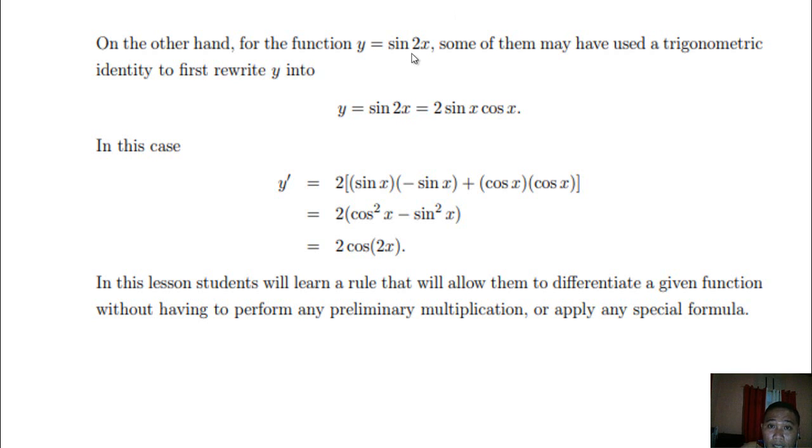So, copy, derivative, which is negative sine, derivative, that is 2 cos, times copy. Okay? So, you've got negative sine squared x and cosine squared x.